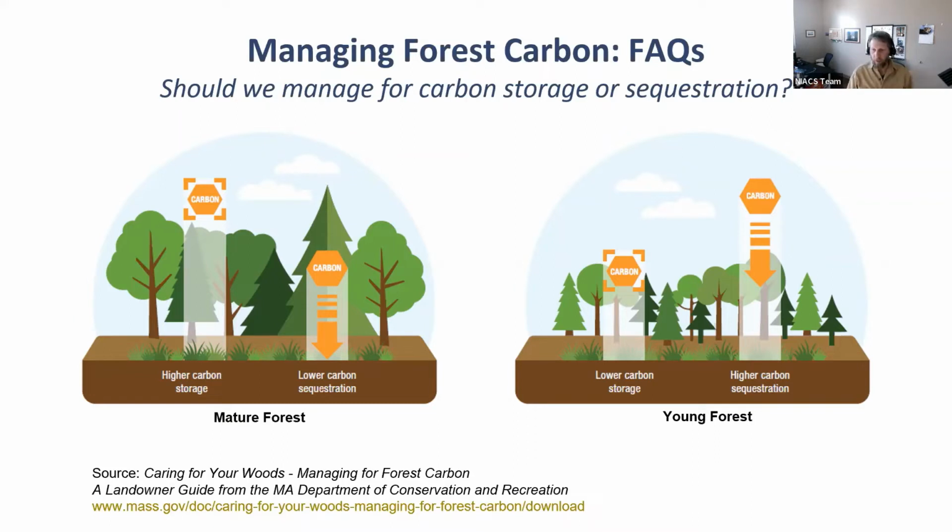This is a figure from a landowner guide that we helped create for the Massachusetts DCR that recognizes that older forests are really good at storing carbon, but oftentimes on a per acre basis don't provide as much sequestration as younger forests. Younger forests don't store as much because they don't have as much tree biomass in particular, but they're really good at sequestering carbon. Those trees are growing really fast and have high rates of sequestration.